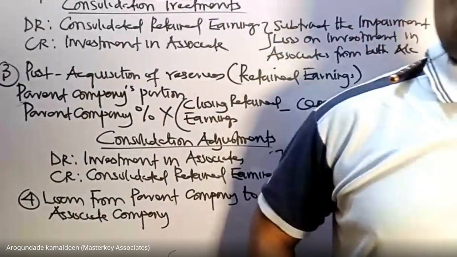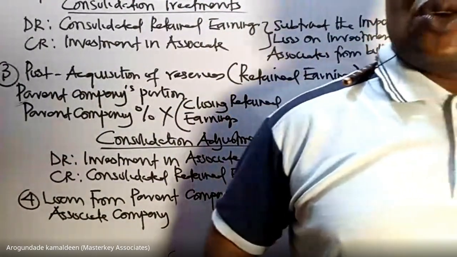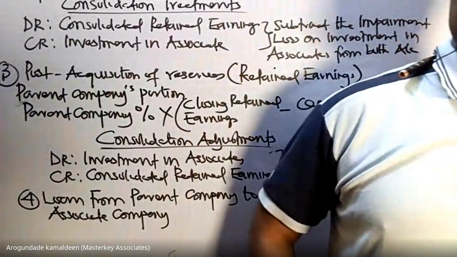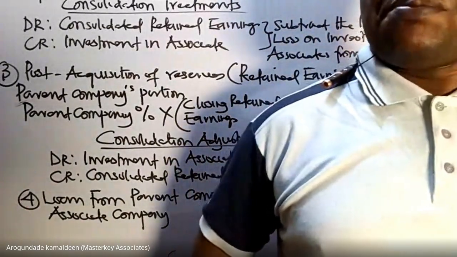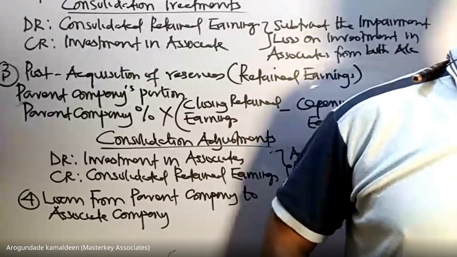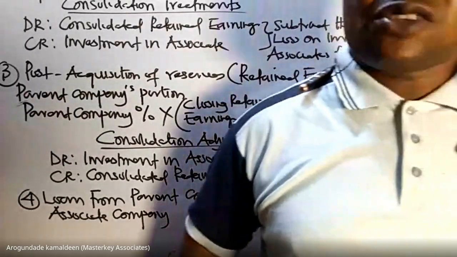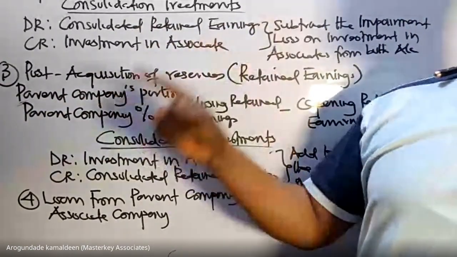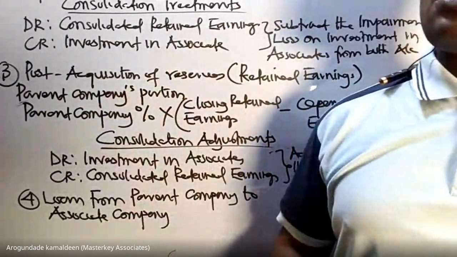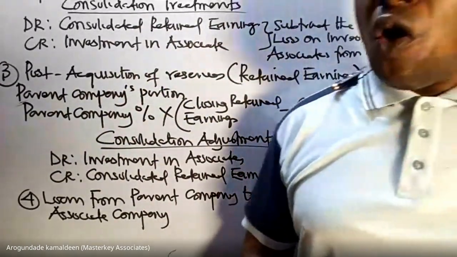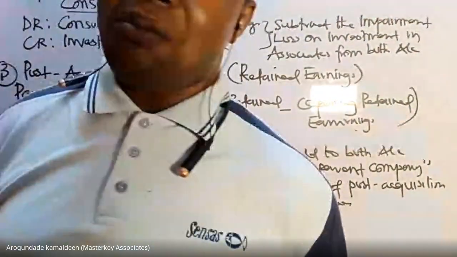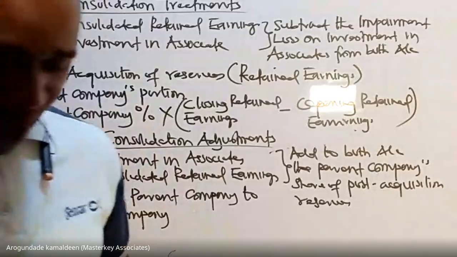Is that clear? A loan from the parent company to a subsidiary would have been an intra-group balance because the parent company and subsidiary are members of the same group. But between the parent and the associate company, the loan is not an intra-group balance. It is just a normal transaction.